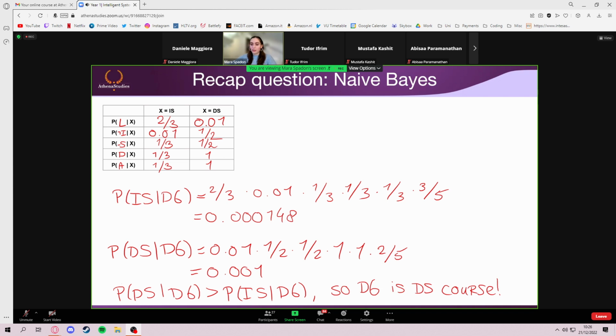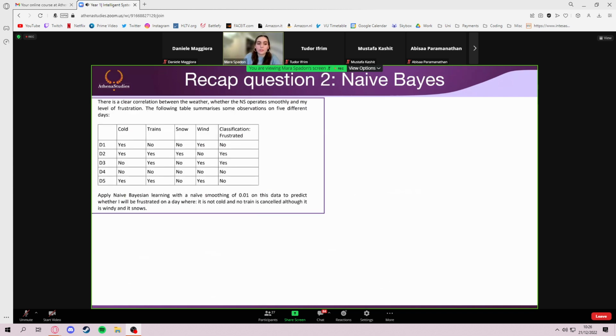So let's do another recap question. In this case, there's a clear correlation between the weather, the NS operating smoothly, and my level of frustration. Like we said before, the cold, the snow and the wind could be dependent on each other, but we assume that they're independent in this case. We want to apply naive Bayes learning with a smoothing of 0.01 on this data to predict whether I will be frustrated on a day.